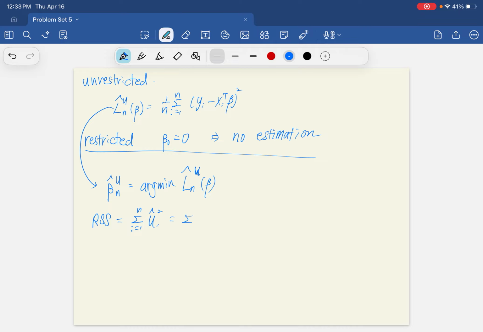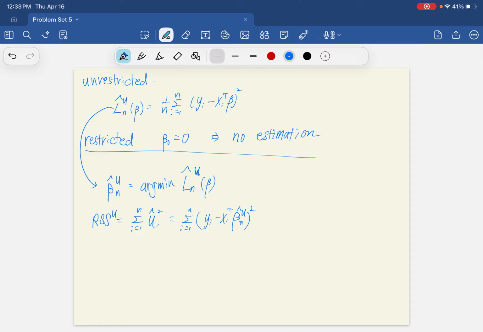That is defined as, excuse me, the sum of yi minus xi transpose beta hat, squared. Okay, this is going to be the residual sum of squares. In our example, we are going to think about the unrestricted model's RSS.